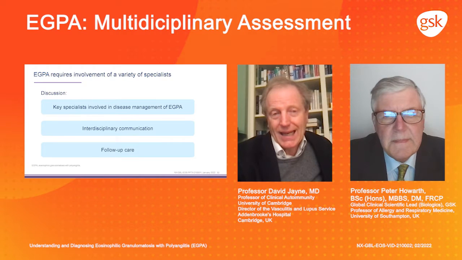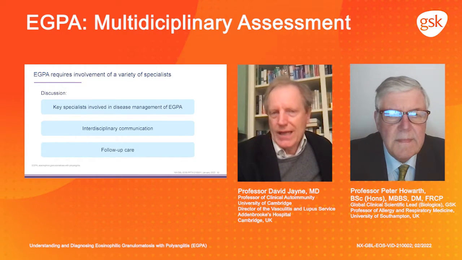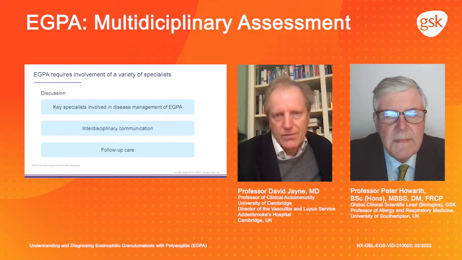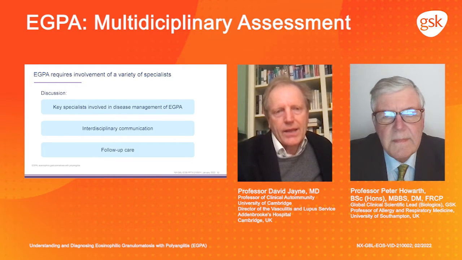So I think collating patients in one place and then building out support structures such as specialist nurses who can help supervise the medication that you're offering, and also counsel patients through their collective experience of working with other EGPA patients, is important.